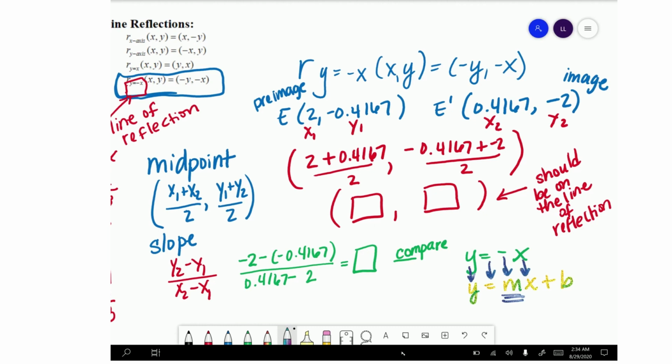We notice that there's no b, or the b is 0, and that our slope is actually negative 1. So the slope of my line is negative 1. So I want to check to make sure that this slope is perpendicular to this slope. If they are perpendicular, then I have proven that the lines are perpendicular.